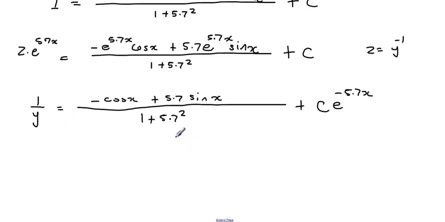I think you can now simplify this 1 plus 5.7 squared to get a simple coefficient for cosine x and sine x. I hope my calculations are correct.